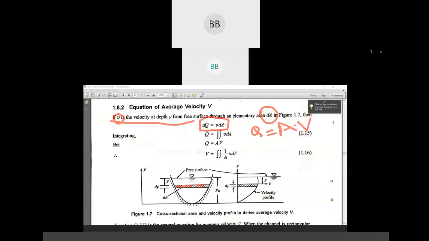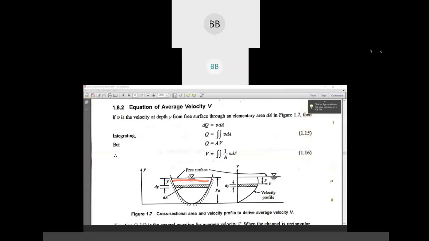Similarly to before, if we find out the total discharge for the whole cross section area, then we have to take summation or integration. Suppose here we have considered one elementary area; it's up to you how many elementary areas you consider, 1, 2, 3, 4, 5 and so on.